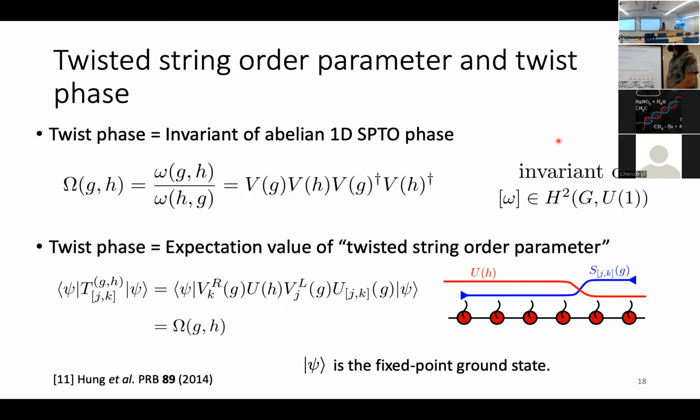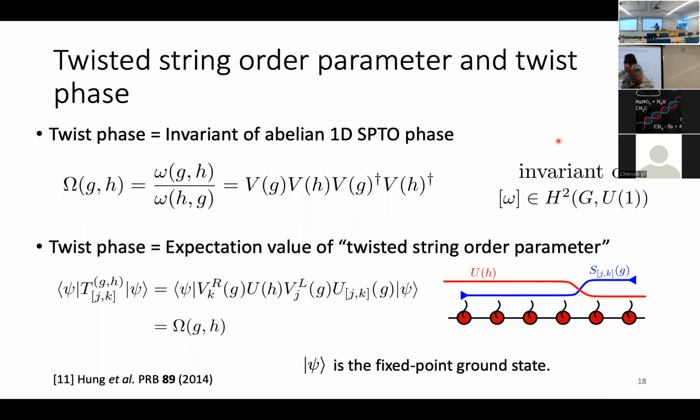So we can define this twist phase, or this twisted string order parameter, as the out of time order action of the string operator that constructs the ordinary string order parameter with this global symmetry transformation. I start with the ground state, apply this finite string of symmetry transformations, and annihilate the excitation at the left end.